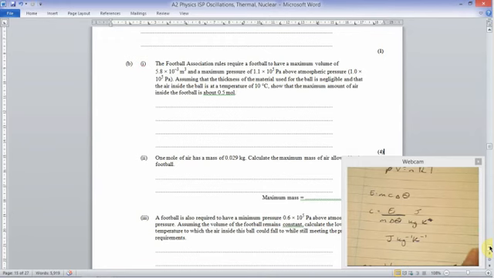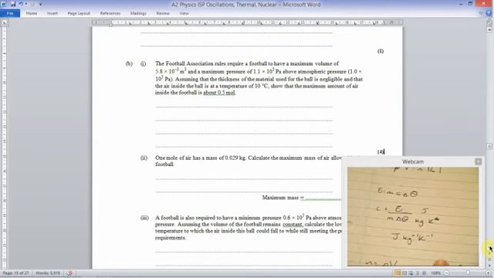The volume they've given us is 5.8 times 10 to the minus 3. We then need to divide that by 8.3, which is our constant R, our gas constant as it's known, and multiply that by temperature. Now temperature needs to be in Kelvin, so it's 10 added to 273, so it's 283.